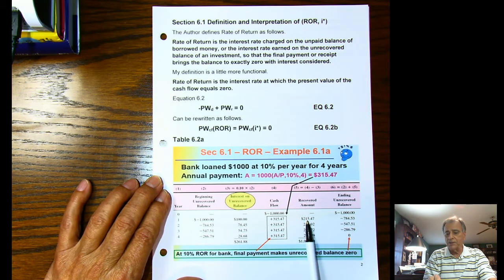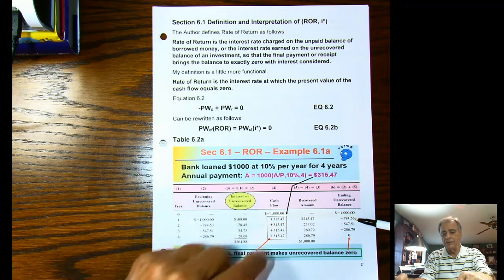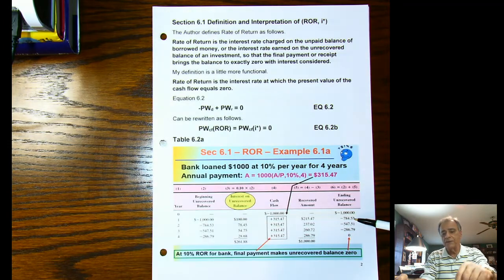And so that's $215.47. So we subtract that from the $1,000 and we get $784.33 is now owed, even though you paid $315 at the end of year one.